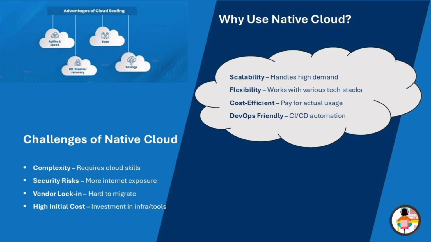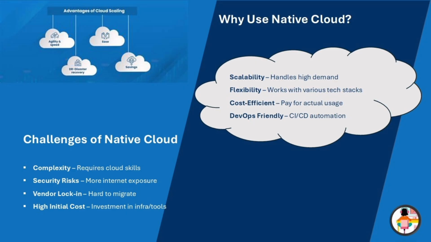But wait, while cloud native apps have huge benefits, they also come with some challenges. They can be complex, developers need cloud expertise, and security risks increase. Since everything is internet exposed, strong security measures are a must. And vendor lock in can be a problem.